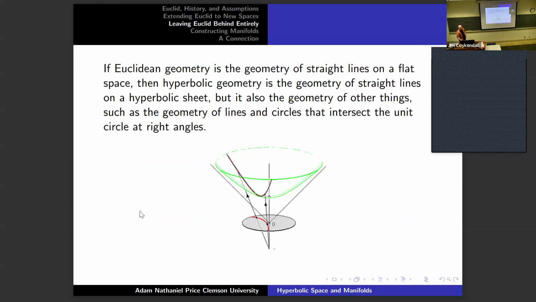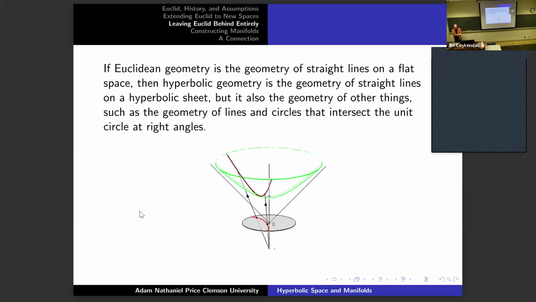Now, if Euclidean geometry is the geometry of straight lines on a flat space, then hyperbolic geometry is the geometry of straight lines on a hyperbolic sheet. This is the easiest way to think about it. If this campus is flat, then we have Euclidean geometry.